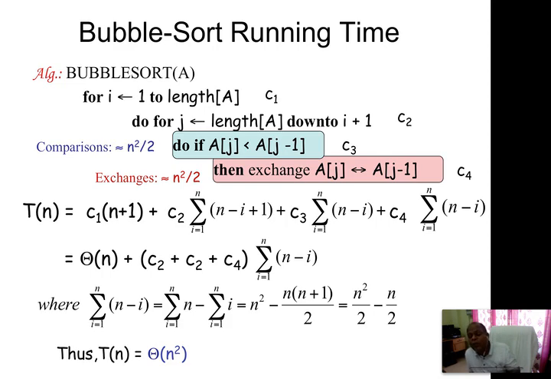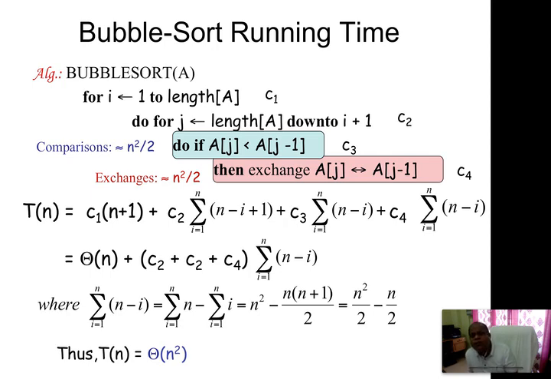This happens if the elements are arranged in descending order and you are sorting in ascending order, so the exchanges are nearly equal to n square by 2. Otherwise the time complexity of the bubble sort algorithm is theta of n square.